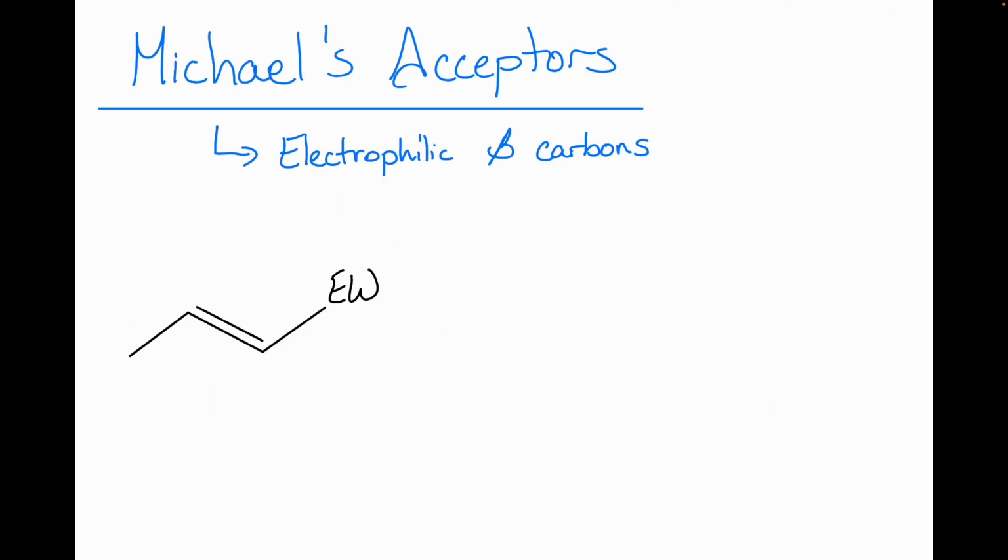A carbonyl group, like in our aldehydes and ketones, are examples of electron withdrawing groups. But we could have a few other ones as well, so let's make our complete list here of electron withdrawing groups.